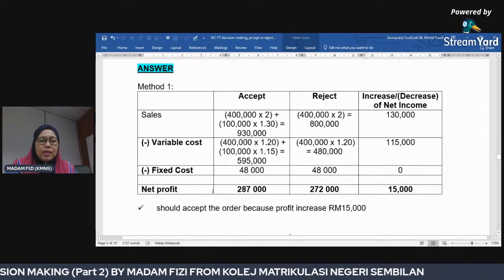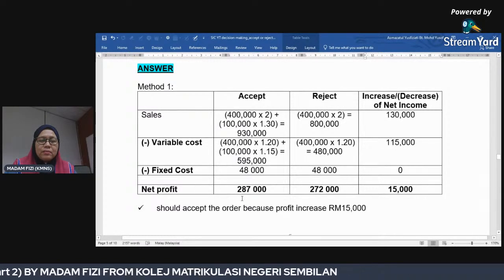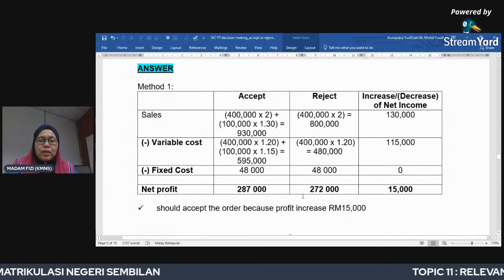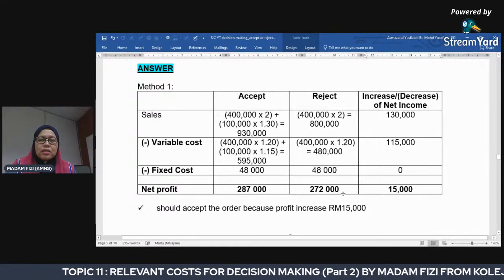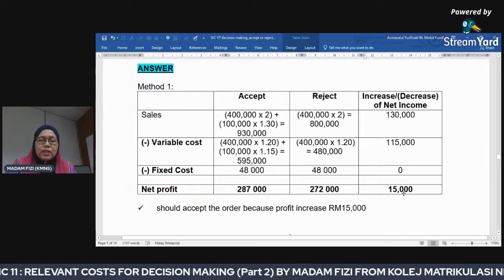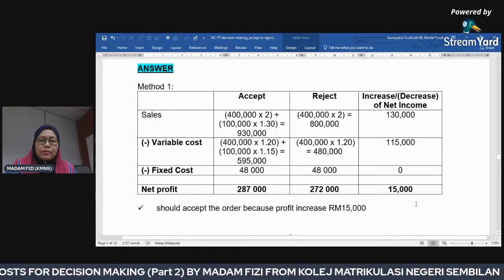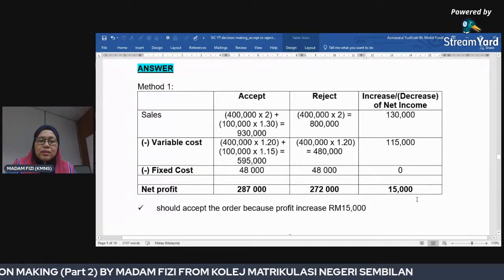So now we can get that the net profit if we accept the order is 287,000, while if we reject, the net profit is 272,000. Okay, and the difference is 15,000. This column actually is very important.